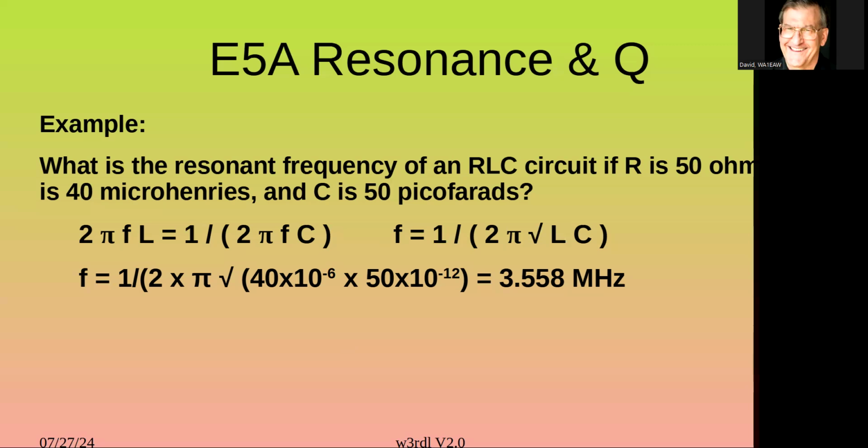So it would really be 40 times 50. That's 10 to the minus 18. When you multiply, you add the exponents. Got it. So it would be 40 times 50 or 2,000 times 10 to the minus 18th. Okay, the minus 18th, easy, because the square root of that is going to be a minus 9. But I don't know the square root of 2,000 off the top of my head. Gotcha.